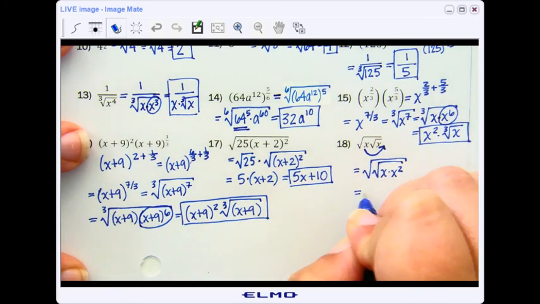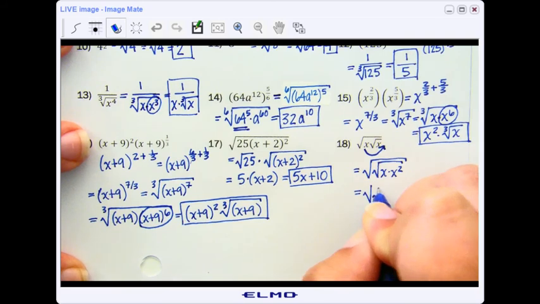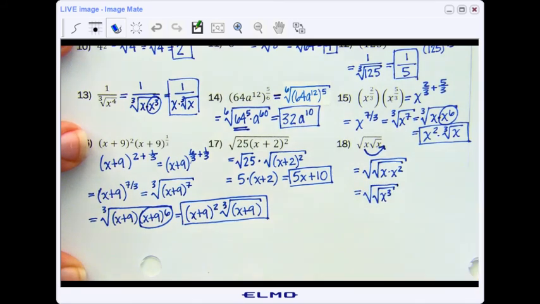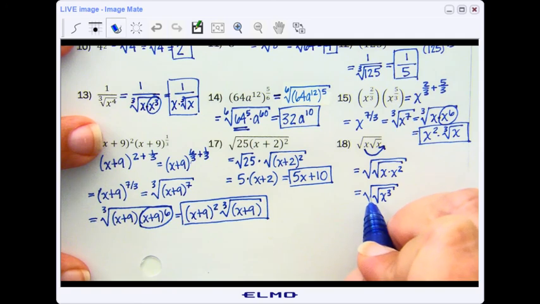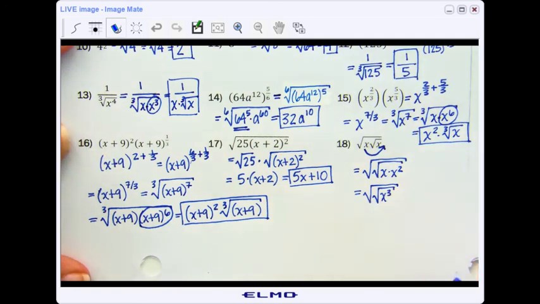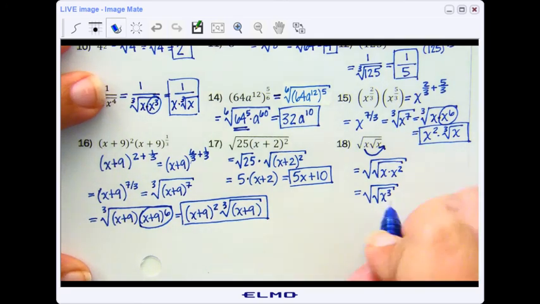Just to clean this up a little bit, this is the square root of the square root of x cubed. And then my root of a root property says that I multiply the indexes together. So this will be the fourth root, 2 times 2 is 4, of x cubed.